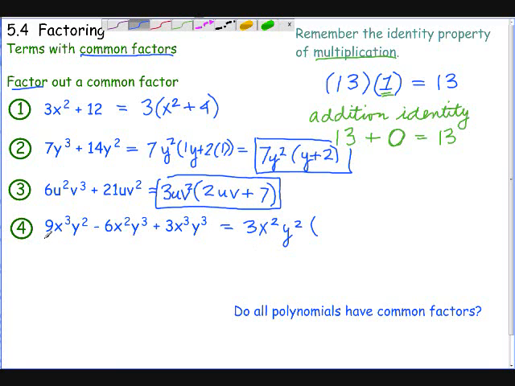Now I'm going to divide the first term by 3x squared y squared, leaving me with 3x. And I will divide the second term by 3x squared y squared, leaving me with 2 times 1 y. Now the third term divided by 3x squared y squared leaves me with, thank you, yes, that's right.